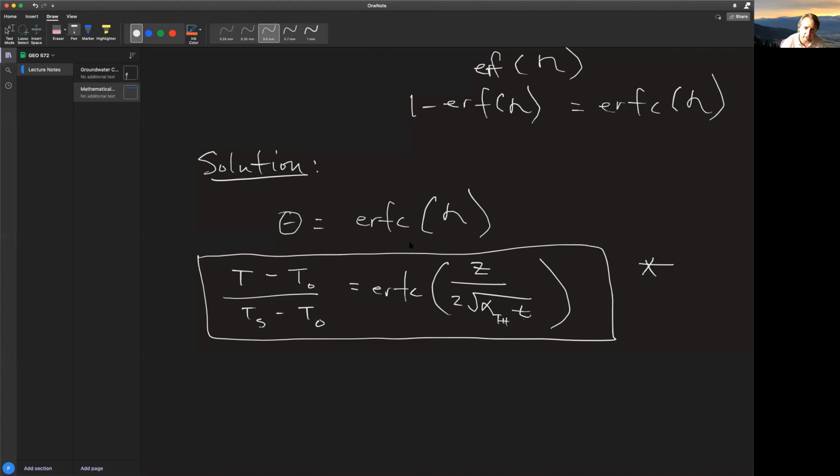So we have an analytical solution, a mathematical model, and we can predict and calculate the temperature distribution. This is the first way that you try to get a solution for any partial differential equation. If you have an analytical solution, it's the best, but they can only be created for simple problems.